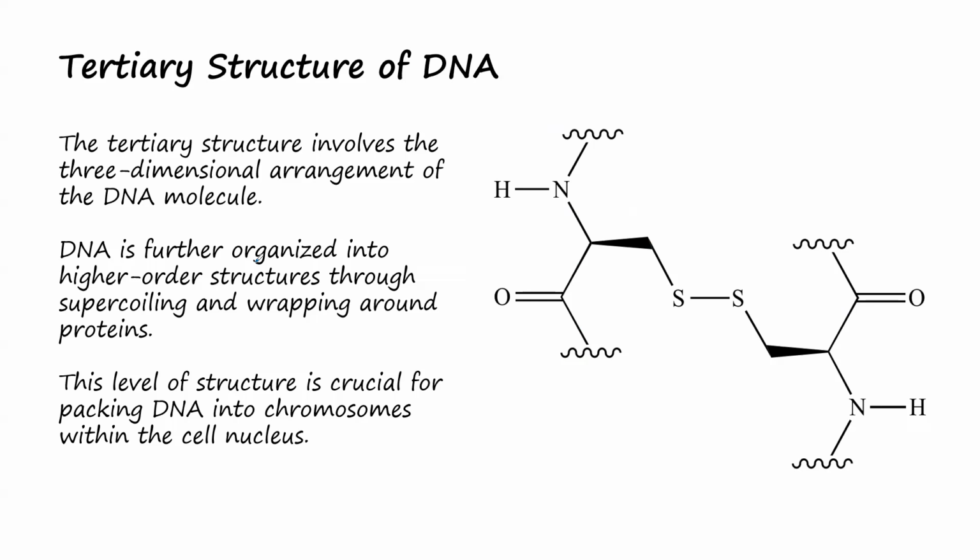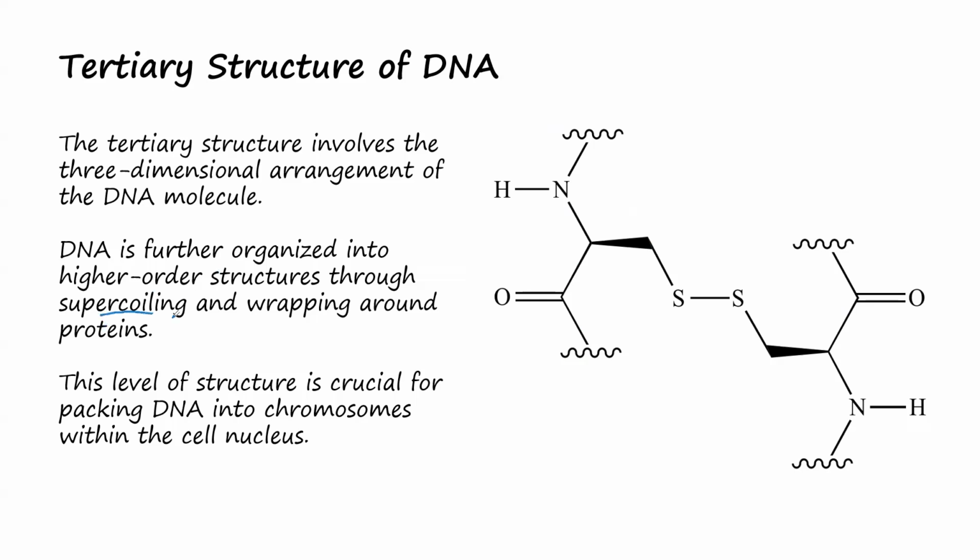So in the secondary structure, you only have the hydrogen bonding that joins the two complementary strands of the DNA. But in tertiary structure, the DNA further organizes itself through coiling and wrapping around histone protein.